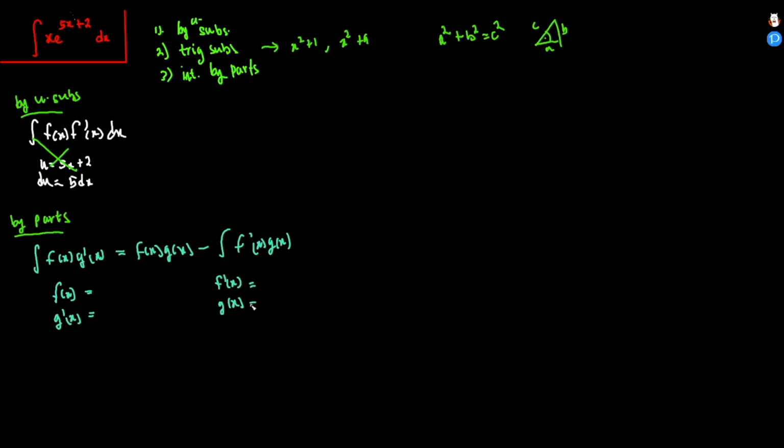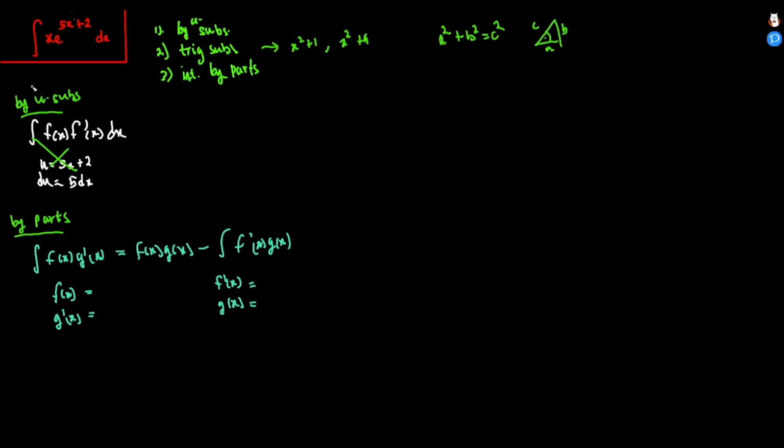Which should be f of x and which should be g prime of x is honestly just a matter of practice, but you have to keep in mind that you have to integrate whatever you get here. So if your selection for f of x makes this integration complicated, maybe you should try to avoid that.